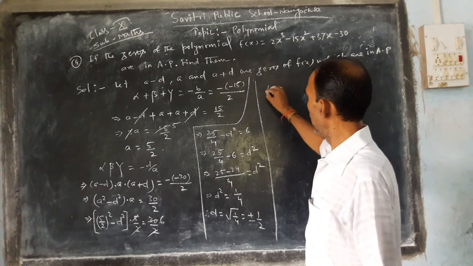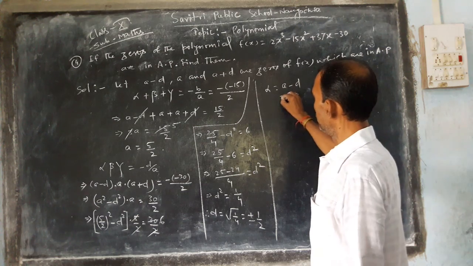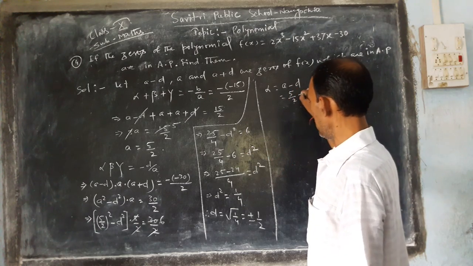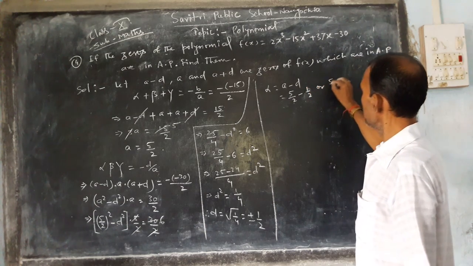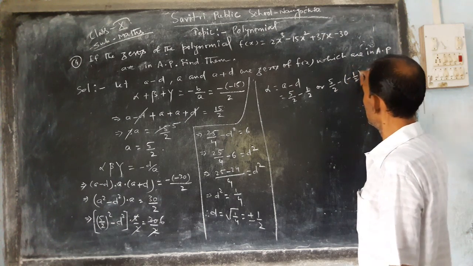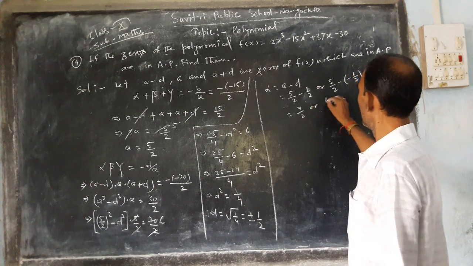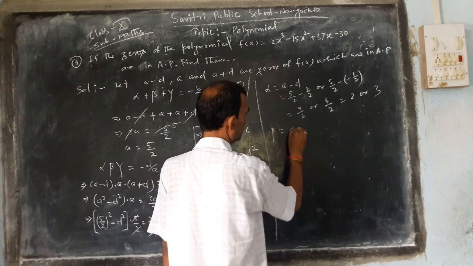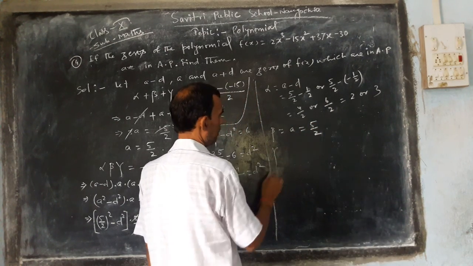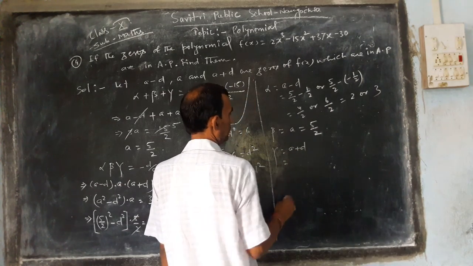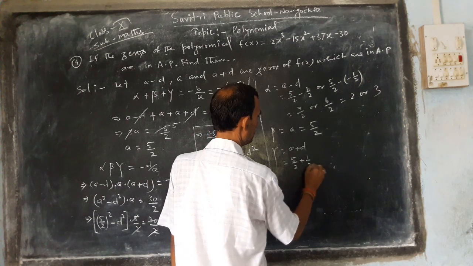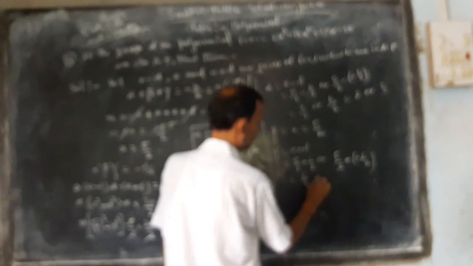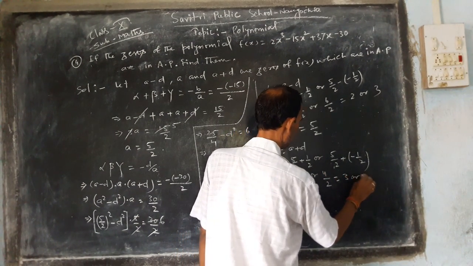Now α = a − d. The value of a is 5/2, so 5/2 − 1/2 or 5/2 + 1/2, equal to 4/2 or 6/2, which is 2 or 3. β = a = 5/2 and γ = a + d = 5/2 ± 1/2 = 6/2 or 4/2, that is 3 or 2.